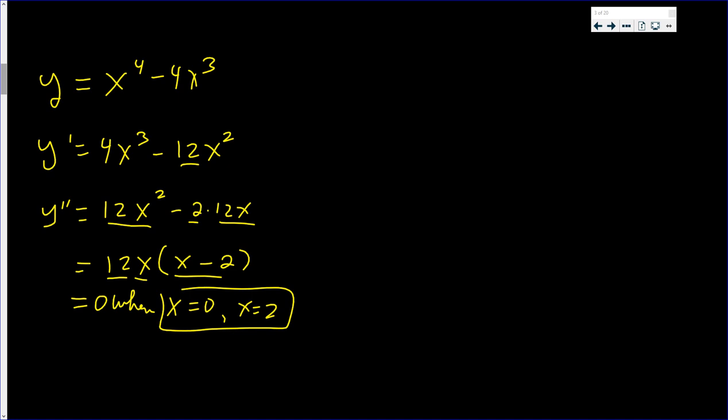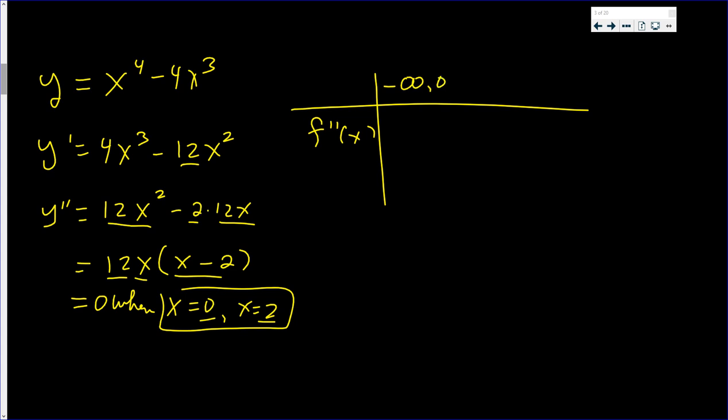Okay, so what we want to do is look at the sign of the second derivative at certain intervals. And the numbers in order are 0, 2. So I go from negative infinity to the first value, and then 0 to 2, and then 2 to infinity.